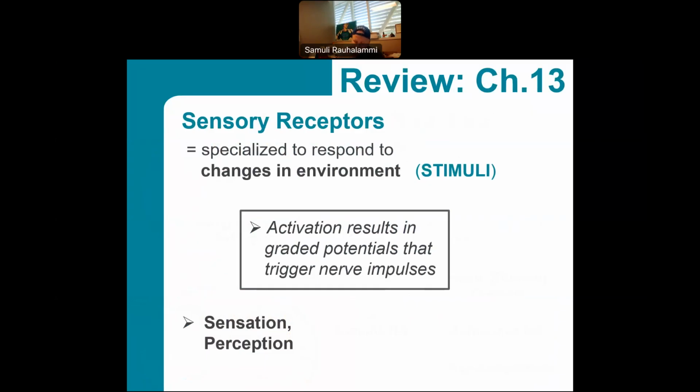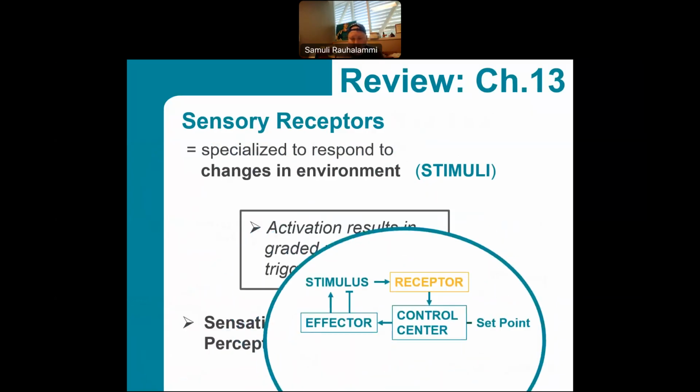Notice that we only become aware and give meaning to a stimulus at the level of the brain, which helps us think of the difference between sensation and perception. Sensation is us being aware of a change, perception is giving it a meaning. We just want to make sure that we know those terms and use them.